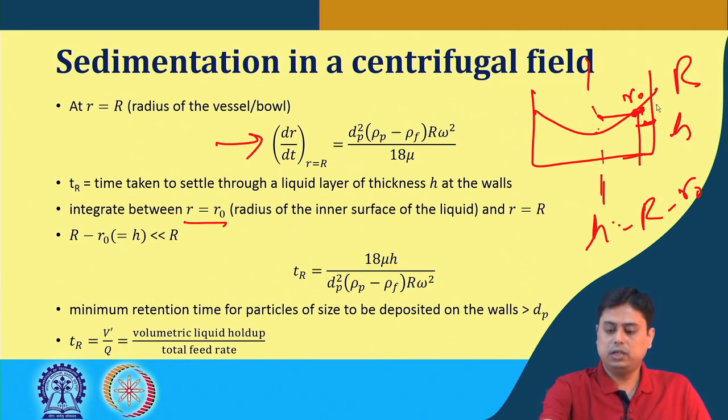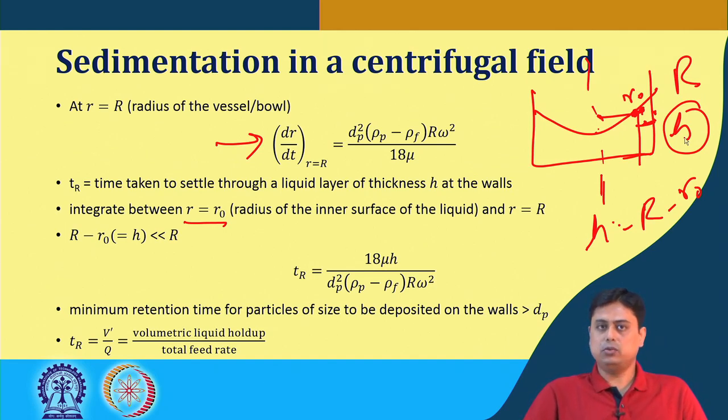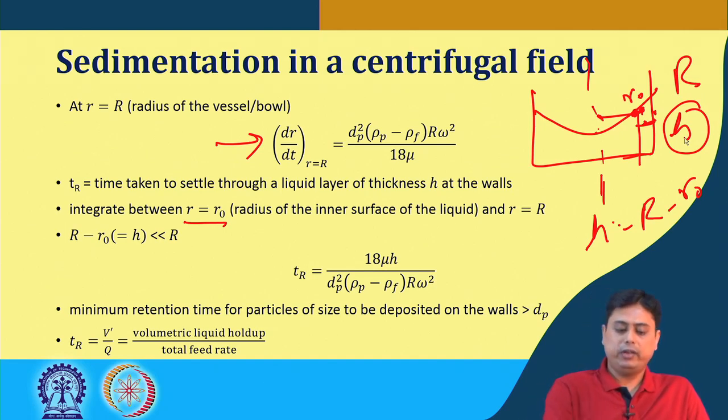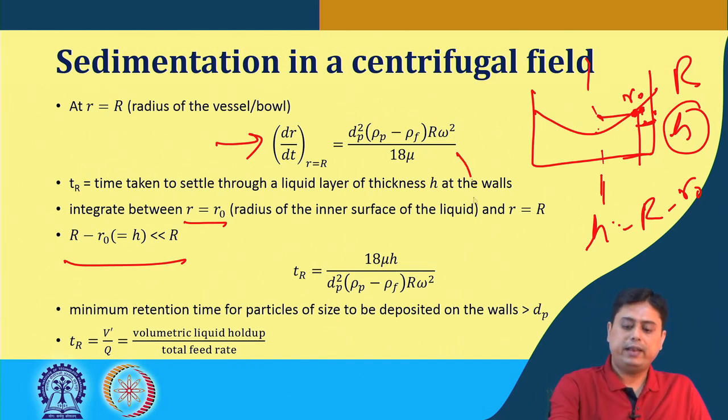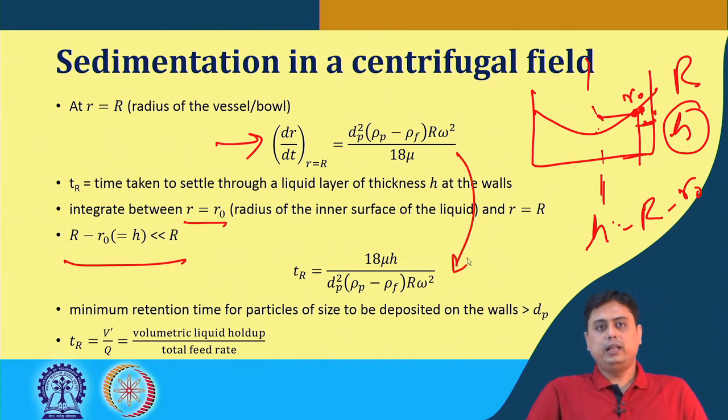So from this position to this position, that is this thickness, it has to travel, and how much time would it take? If we integrate that and we consider the scenario that this thickness is very small compared to the radius of the bowl or the vessel or the centrifuge equipment, then we derive an expression, the retention time TR, R stands for retention, is this one.